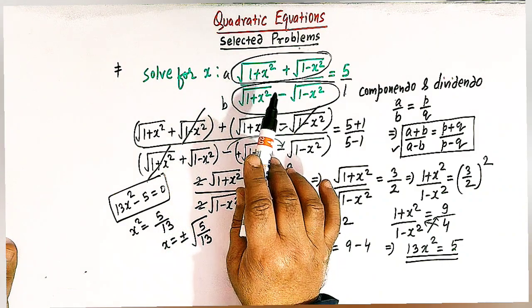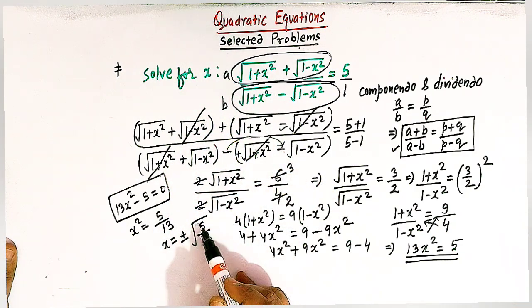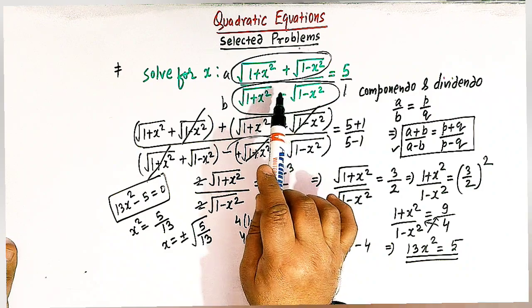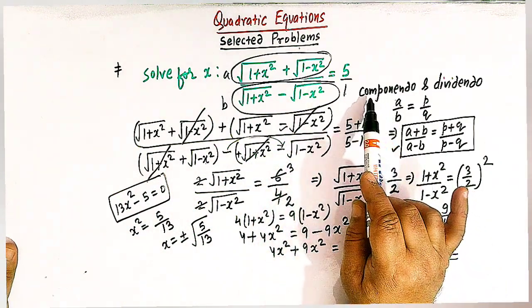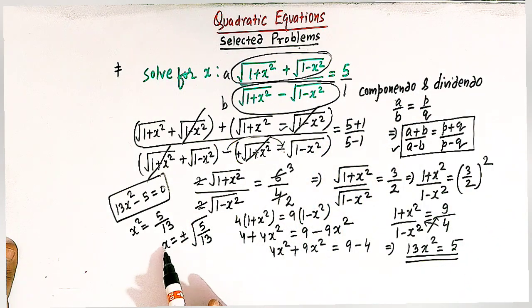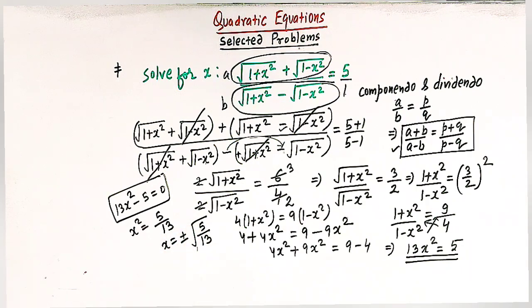So the value of x is given by plus minus square root of 5 over 13. Here is the solution of this equation, which reduces to a quadratic equation with the help of the concept of componendo and dividendo. The value of x is given by plus minus square root of 5 over 13.